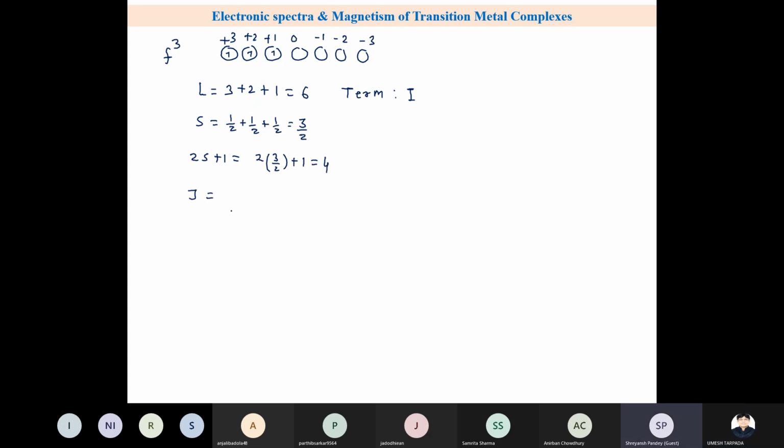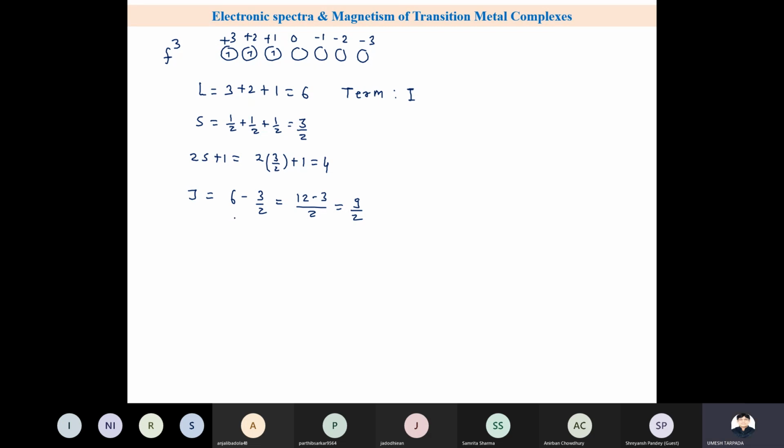What is the J value? 9 by 2. It will be L minus S, because this is less than half filled. L value is 6, S value is 3 by 2, so it's 6 minus 3 by 2, that is 12 minus 3 by 2, which is 9 by 2.